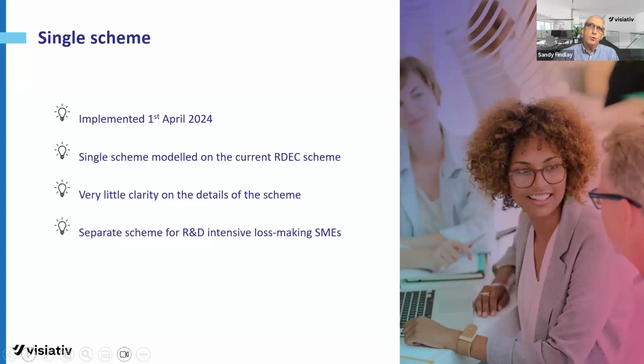The mood we're getting from HMRC is that their view on subcontracted or subsidised R&D is now swinging back to where it was prior to 2020, but we're looking for that in writing. And there is going to be a separate scheme from April for those R&D intensive loss-making businesses.